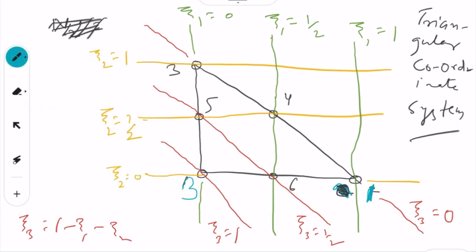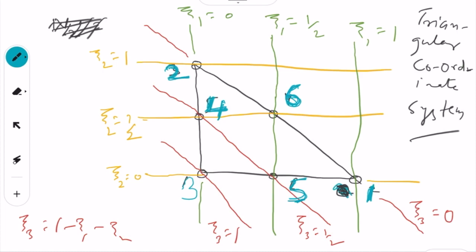Then this one is 2. Okay, so this one becomes 4. Okay, and this is 5, and this one becomes 6. Okay, so this is the correct number.